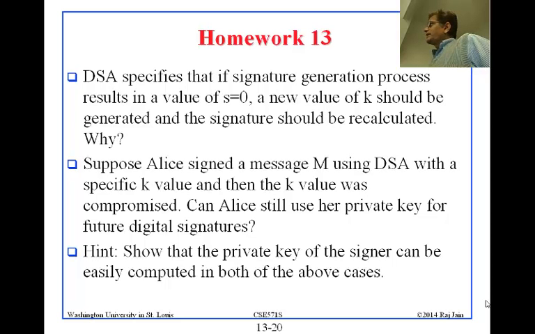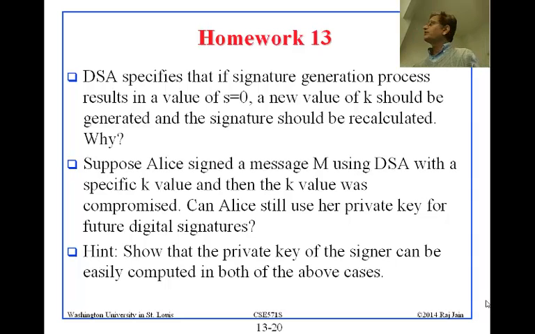Now k was the message key. And so the question is, if somebody knows your message key, can they calculate your private key? Your private key was XA, remember? That's different than K. But can they calculate it easily? Show that the private key can be computed in both cases.